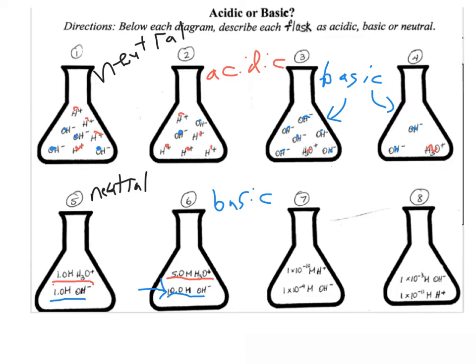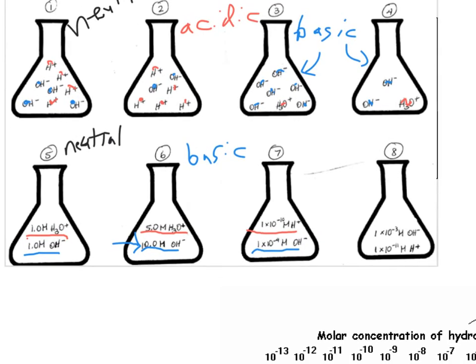Okay. This one, again, we're getting a little trickier because now we have it in scientific notation. This looks like, what does that say, 1 times 10 to the negative 16th? Yeah, and that's my base down here, 1 times 10 to the negative 9th. So I have to figure out which one is bigger.